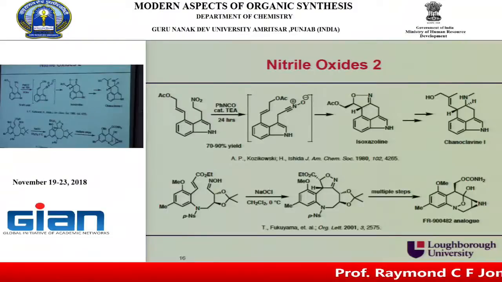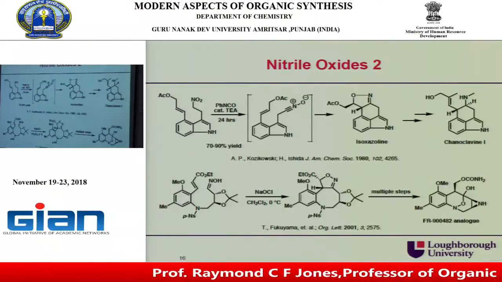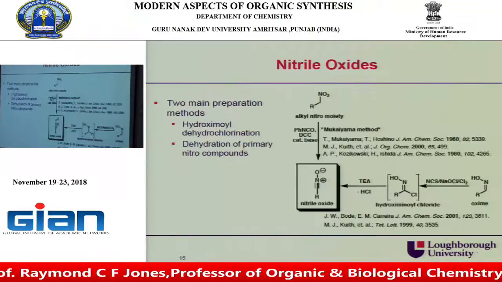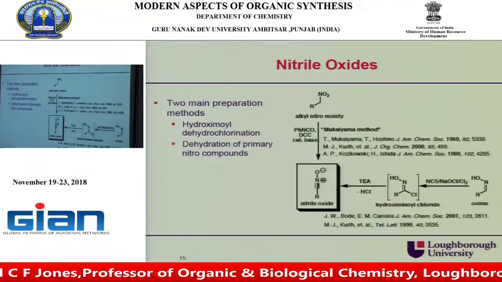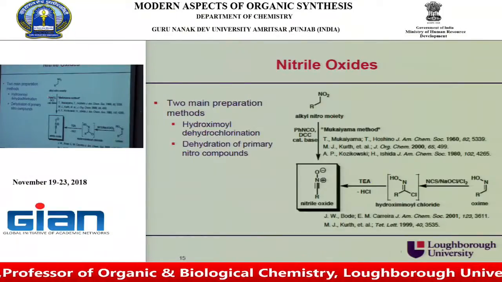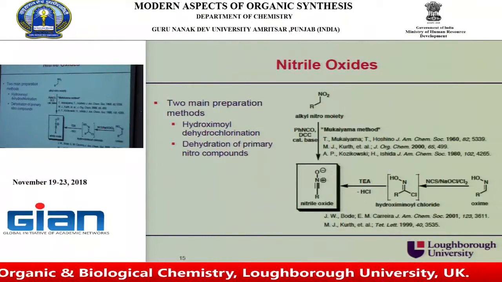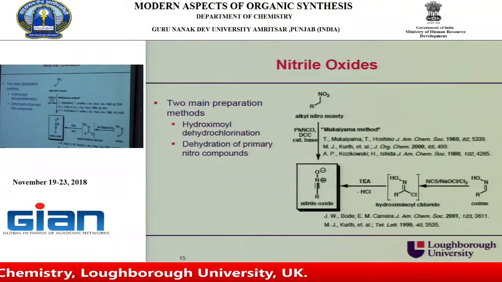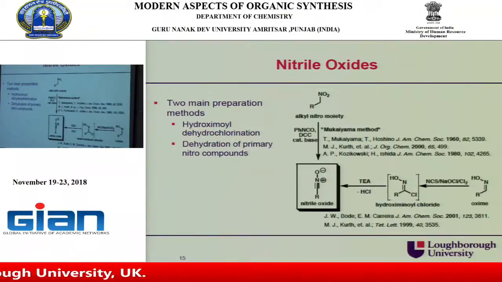So if you use the Mukaiyama method, actually I was slightly wrong on the last slide. Yeah, you need isocyanate or DCC. It's alternatives like that, I beg your pardon. Using either phenyl isocyanate or DCC in catalytic base. The slide's not very clear on that, I apologize.